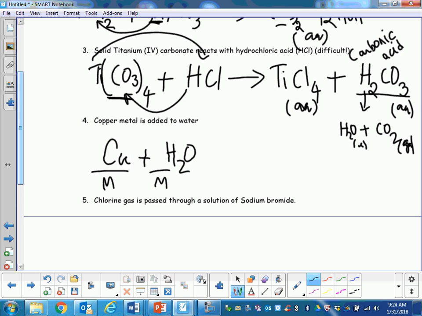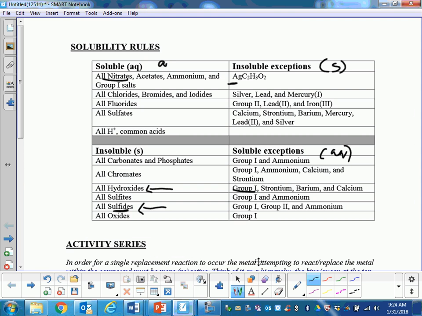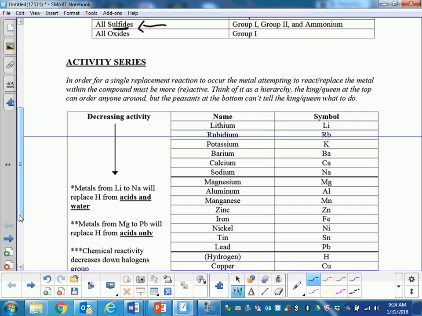It has to be a more active metal. Let's find out who's more active, hydrogen or copper? Do you think hydroxide will leave hydrogen's company and go with copper? No, not happening, correct? Copper is below, hydrogen is above. Hydrogen is more reactive, correct?